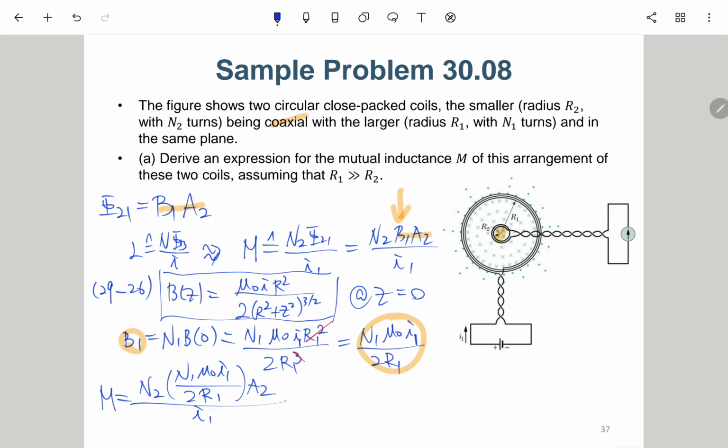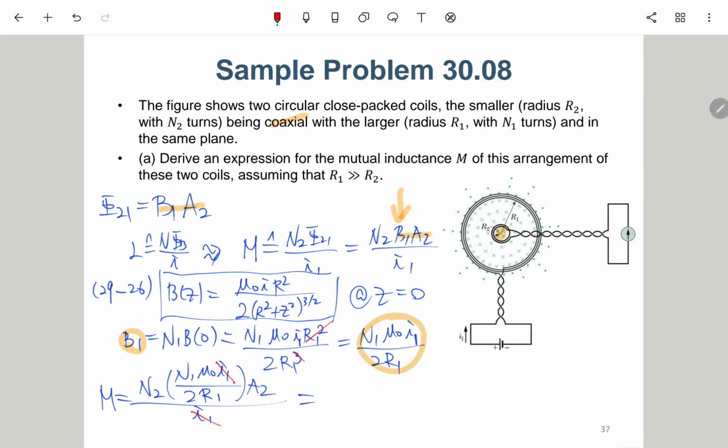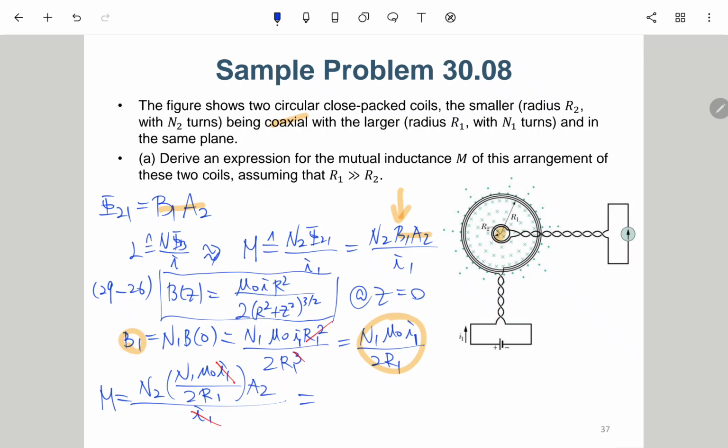Okay, so we can do some cancellation. Actually, we can cancel this I1 with this I1. So finally, we get mu 0 N1 N2, and then A2 over 2 R1.